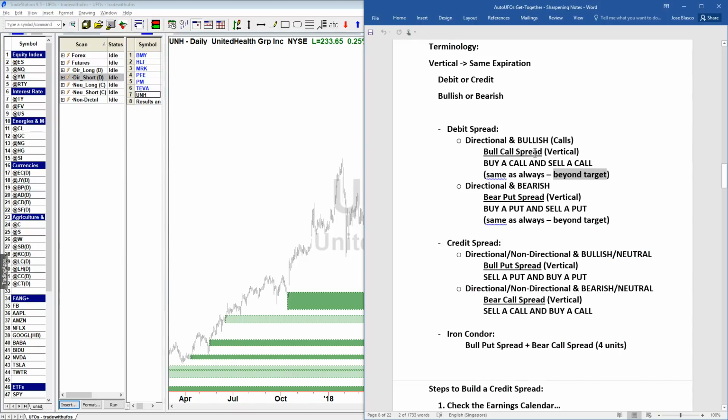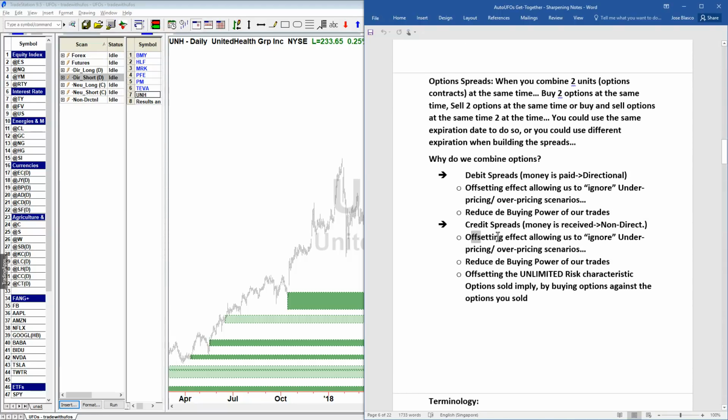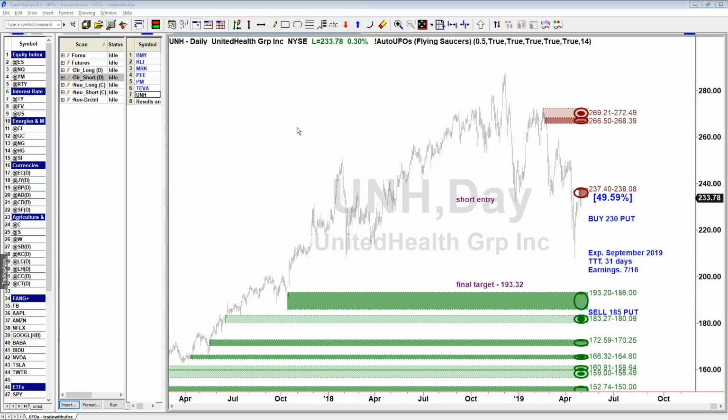Okay, so when we talked about credit spreads, we talked about there is an offsetting effect, to ignore underpricing on scenarios. So we talk about, why do we do spreads? Okay, we talked about that, and what just happened planning the trade, it's kind of showing me, this is out of experience, that the June probably will not work.